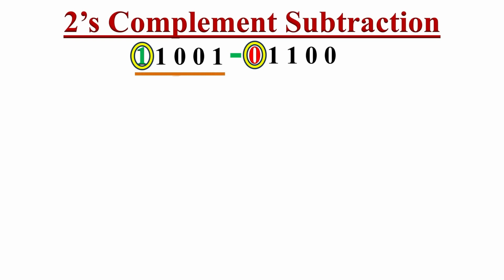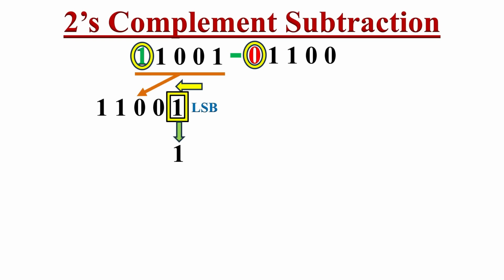So let's convert this first number into 2's complement form so that we can know the decimal equivalent of this number. To convert this number, just start from LSB and identify the first one, copy all the bits up to the first one, and invert the remaining bits, zeros with ones and ones with zeros.